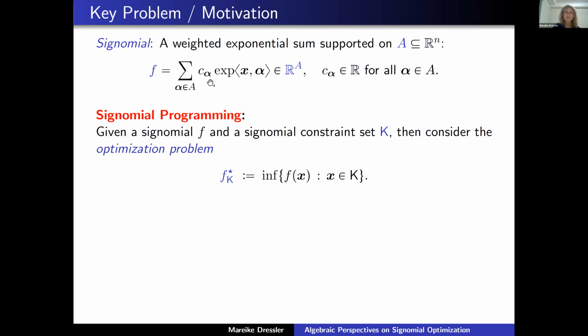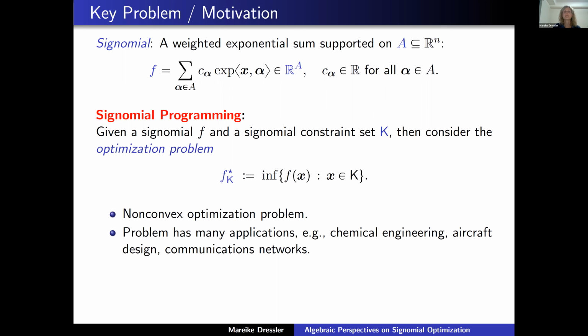So the coefficients are real and also the exponents are real. And signomial programming is then just: given a signomial and some signomial constraints, I want to minimize this signomial subject to this constraint set, or maybe also globally. And usually I will denote this optimal value with f_K star.